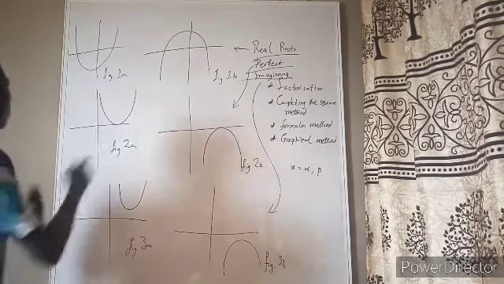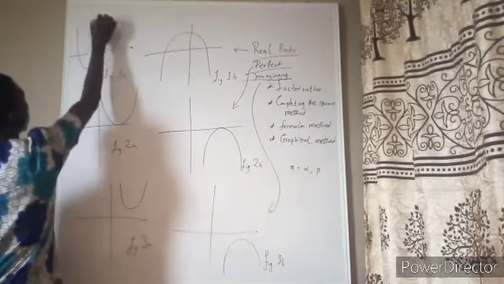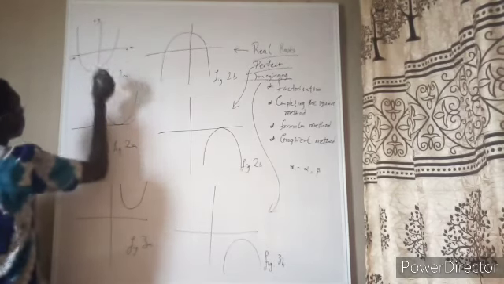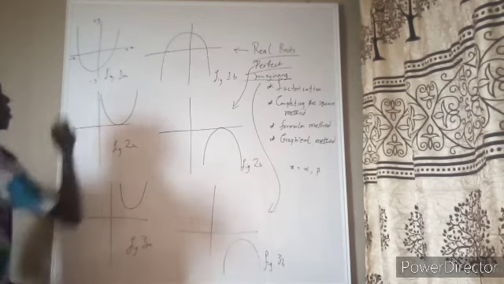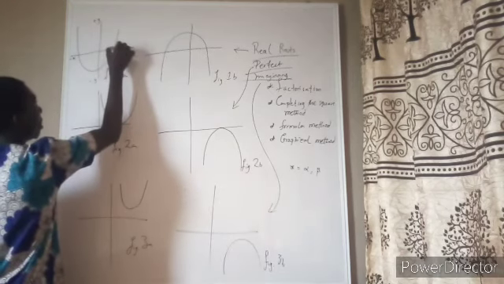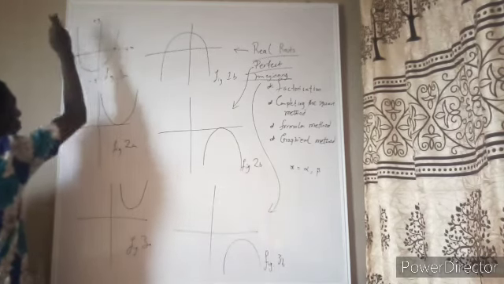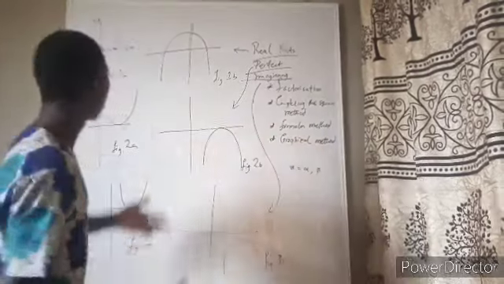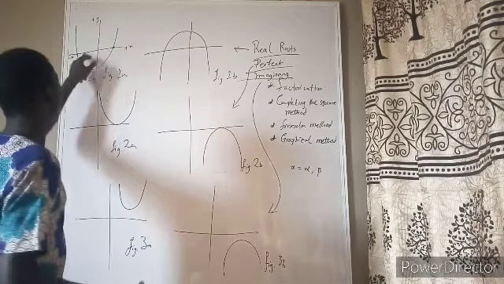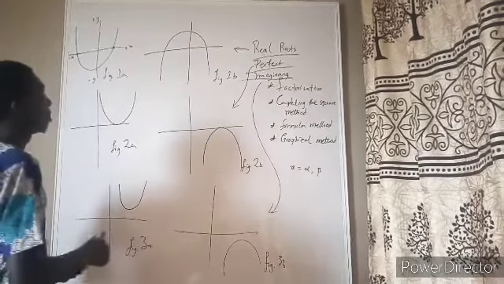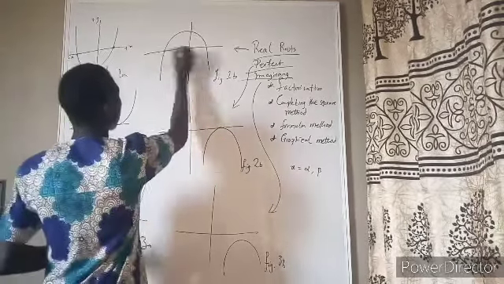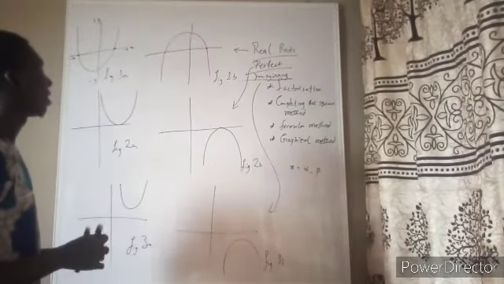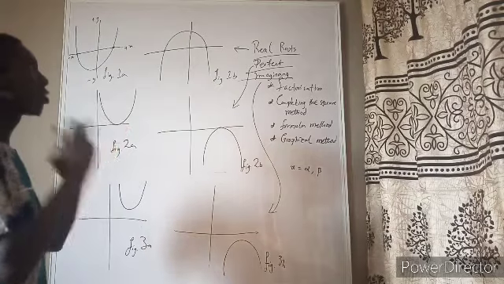So this is my x-axis, this is my y-axis, positive y, positive x, negative y, and this is my negative x. Same thing for everything, right? At this point, I have my curve cutting the x-axis. When you're doing your graphical methods, you will be told that wherever your graph cuts the x-axis gives the values of x, right? Same thing here, it is cutting the axis where it's supposed to cut.